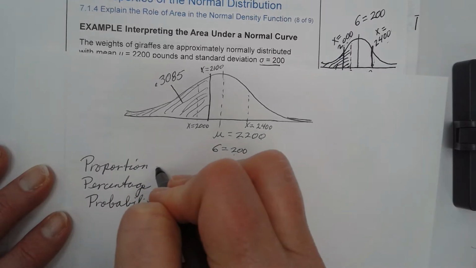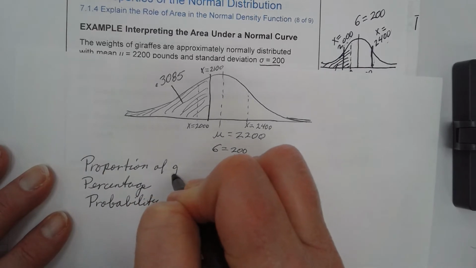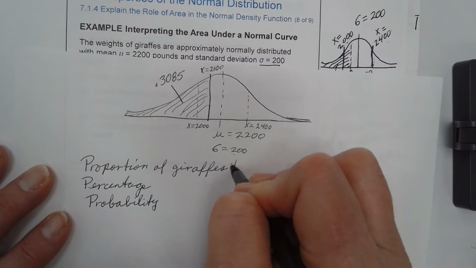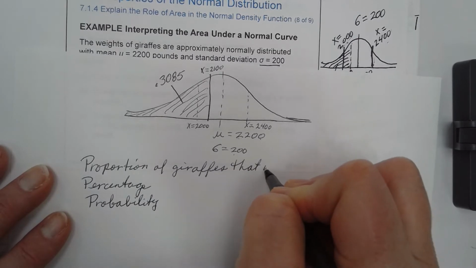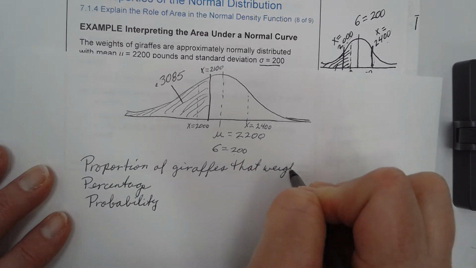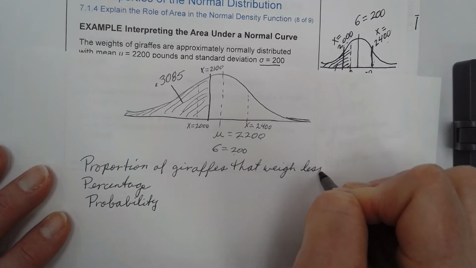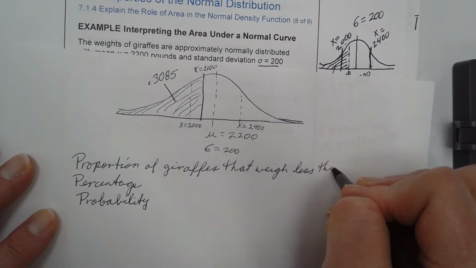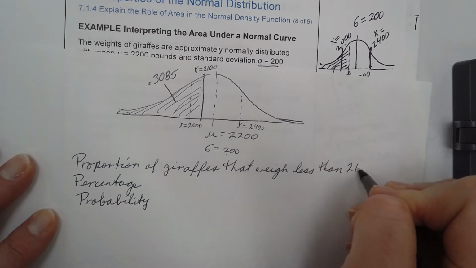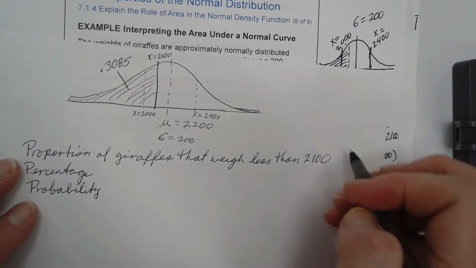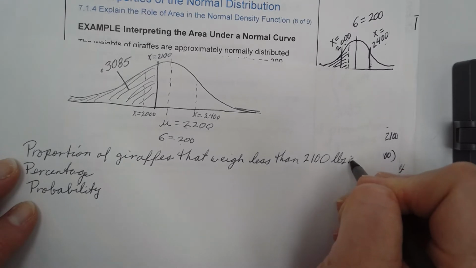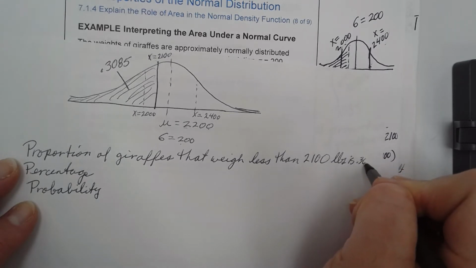Okay, so the proportion of giraffes that weigh less than 2,100 pounds is 0.3085.